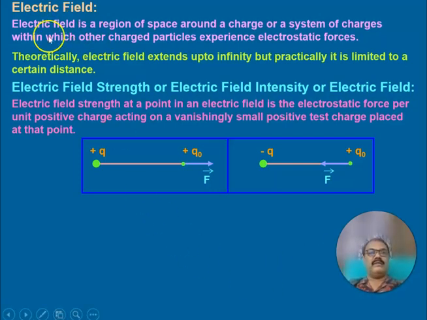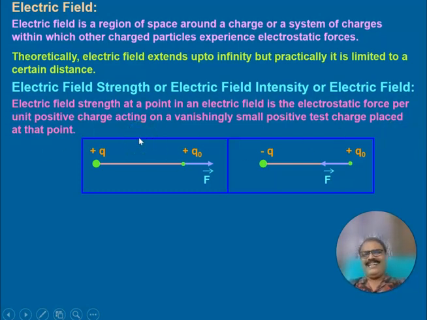Now come to the definition, which is very simple. Electric field strength at a point in an electric field is the electrostatic force per unit positive charge acting on a vanishingly small test charge placed at that particular point.